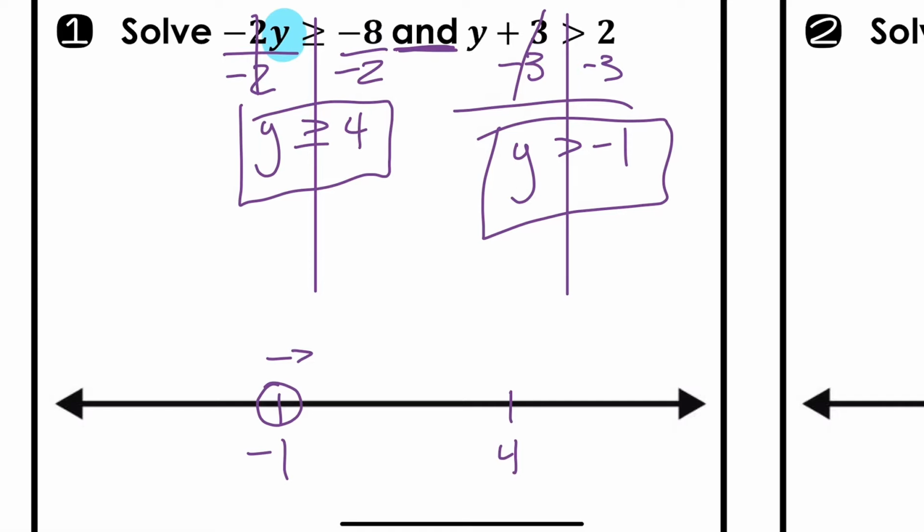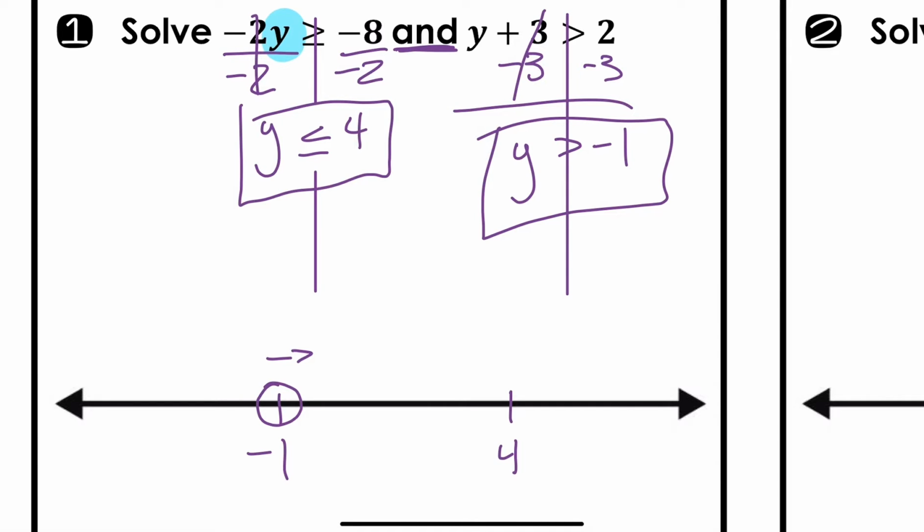All right, so let's take a look at the other one. We have 4. y is greater than 4. Oh, goodness gracious. I missed that. I forgot to switch my sign. My bad. We divided by a negative here, and I forgot to change my sign. Good job, me.